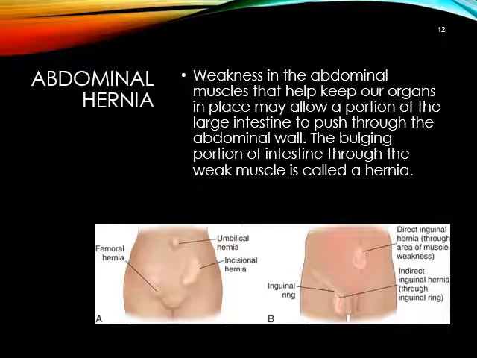Now, you know, weightlifters, they wear a special belt when they lift weights because they can develop a hernia from lifting heavy weights up above their head. So they wear a heavy belt to prevent hernias. And then incarceration is where the hernia twists, and that's an emergency, and that's severe abdominal pain.